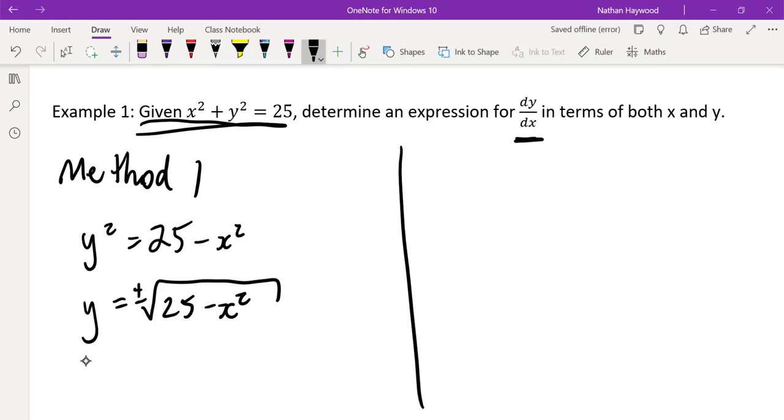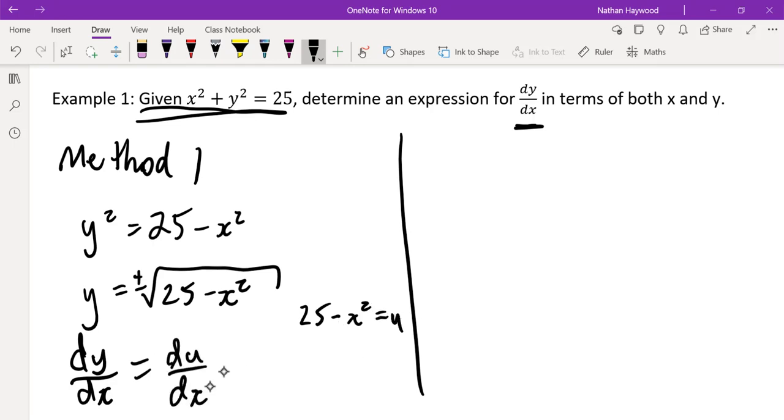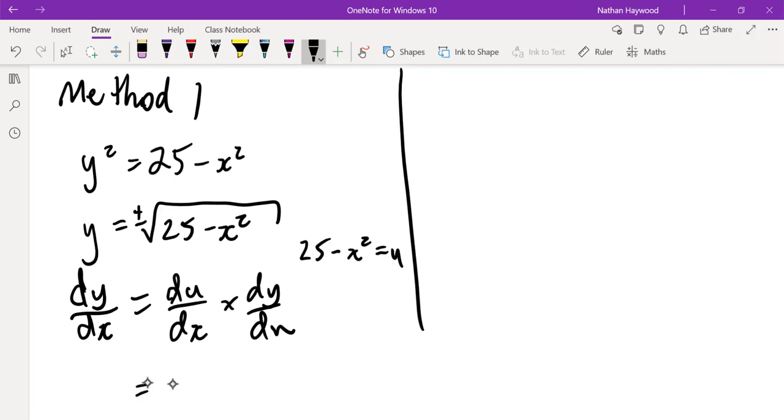And now we can do dy/dx. We have the chain rule, square root of u. Oh, that's right, dy/du, thank you. There we go. So chain rule, the negative 2x, what's the derivative of the square root of u?